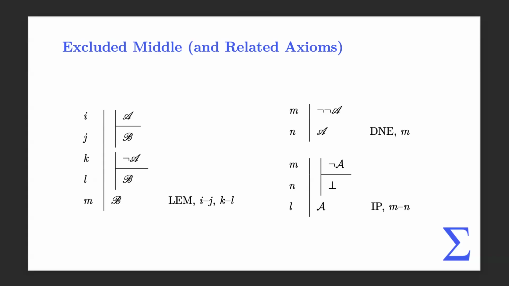It turns out this axiom is actually equivalent to another axiom called double negation elimination, which might be a little more intuitive. Double negation elimination says that if not not P is true, then P is true. That's basically bivalence, right? It's saying that we only really have truth and falsity.